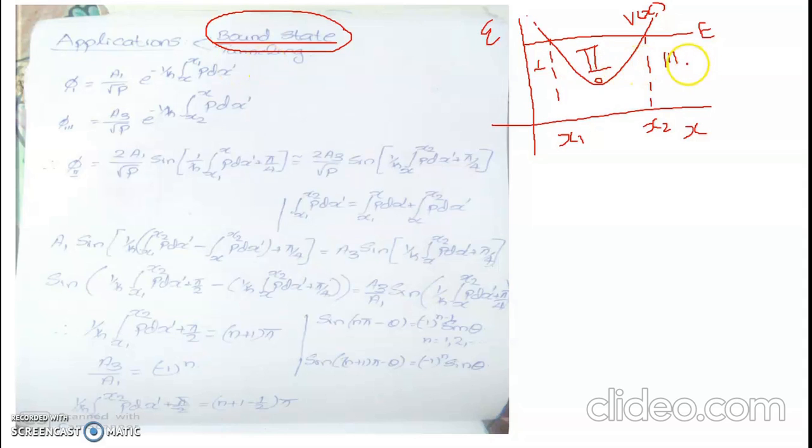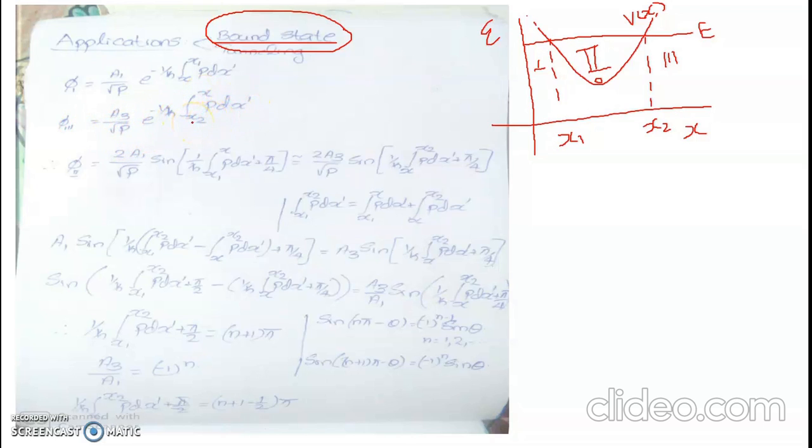And in region 3, the arbitrary choice of point x will be, say, somewhere here, and we will have to take the integration from x2 to x as a positive limit. It is in that manner we have formulated the connection formally. So phi3, the wave function representing the system in region 3, is A3 by root p e raised to minus 1 by h cross integral x2 to x p dx prime.